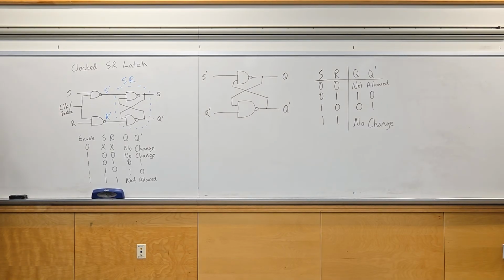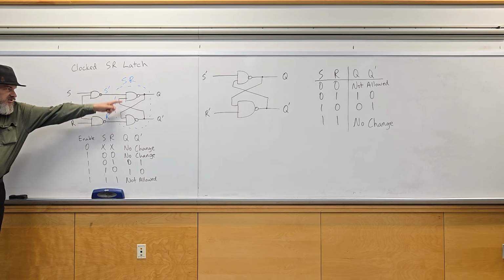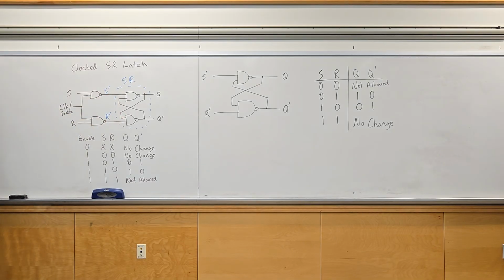It stores that bit in memory in these two cross-coupled NAND gates. So we're building up to basically create memory here, a form of RAM, random access memory.